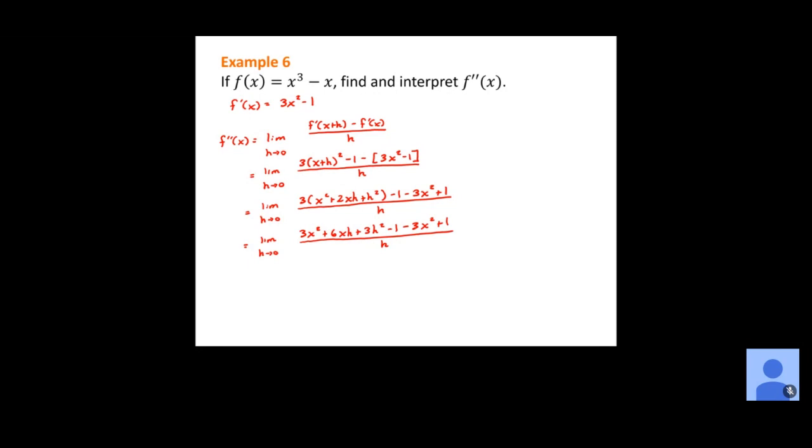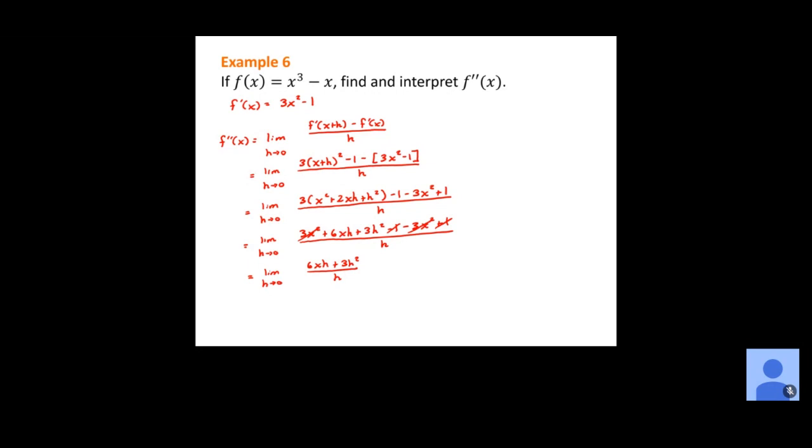Good. So just the 6xh and the 3h squared, right? Because our 3x squared minus 3x squared cancels, our minus 1 and plus 1 cancels. So now we're looking for the limit as h approaches 0 of 6xh plus 3h squared all over h.